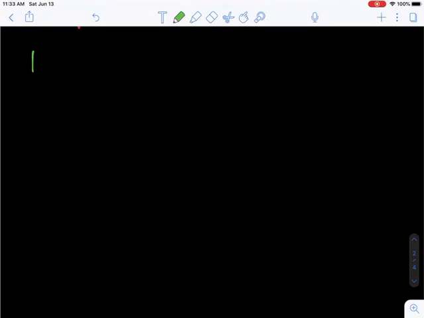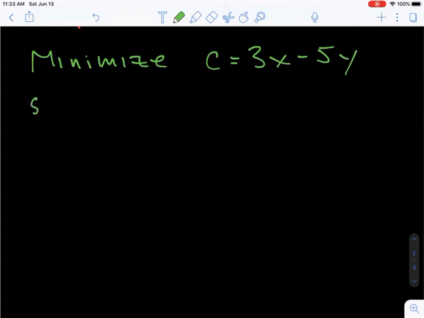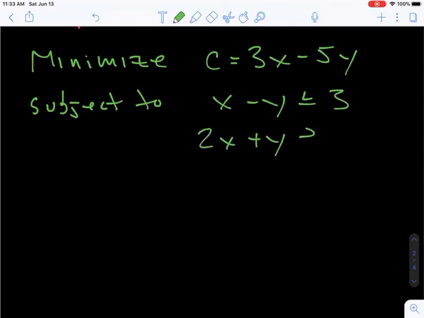I want to minimize C equals 3x minus 5y, subject to the constraints x minus y is less than 3 and 2x plus y is greater than 5, and x plus 8y is less than or equal to 1.